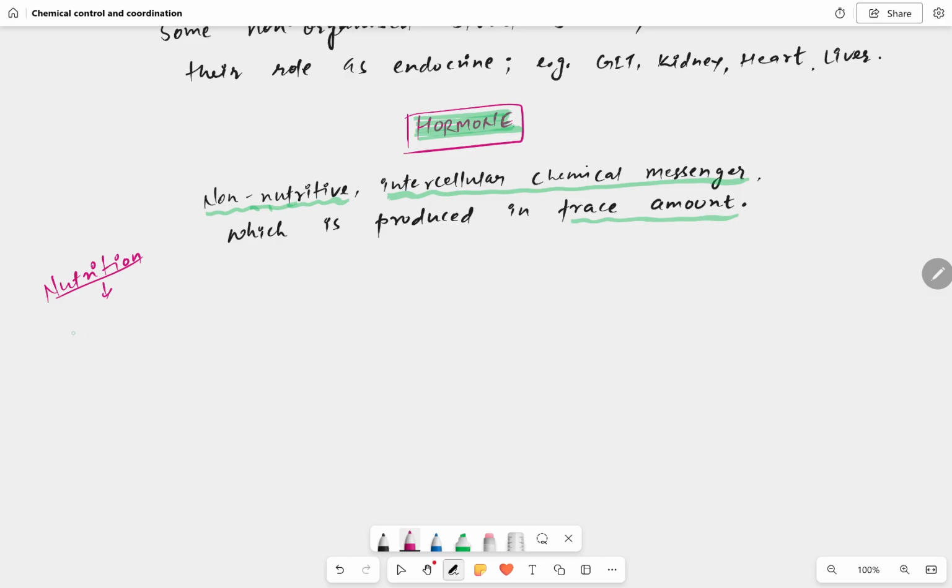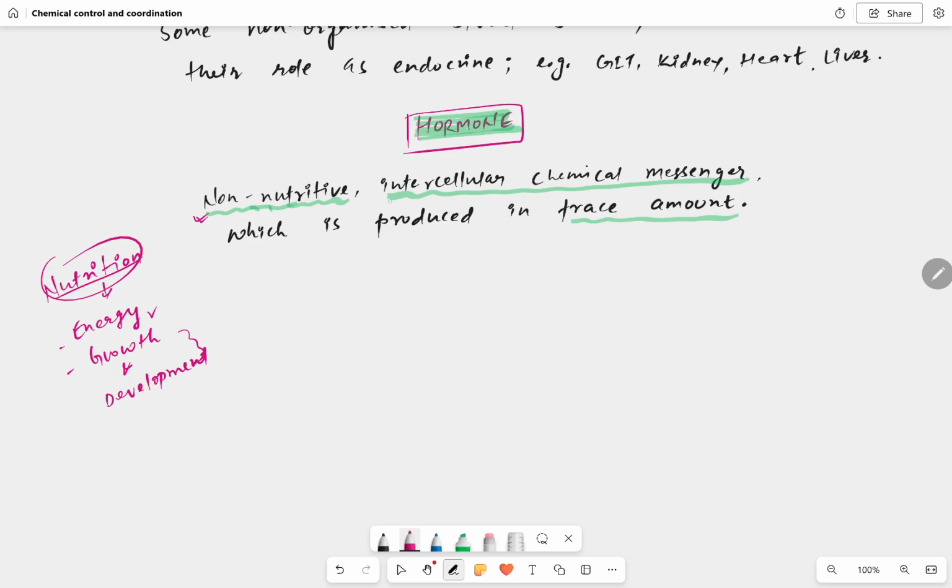Mainly we need energy and growth and development. After consumption of a nutritive substance it fulfills the energy demand and supplements our growth and development. But hormones are non-nutritive, that is, not involved in energy generation and neither in growth and development.